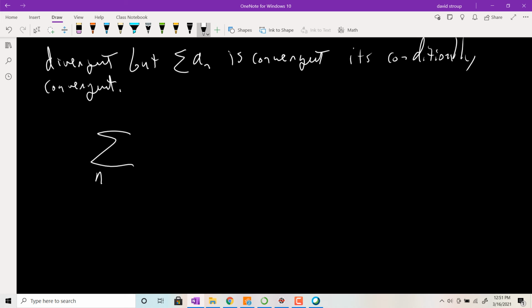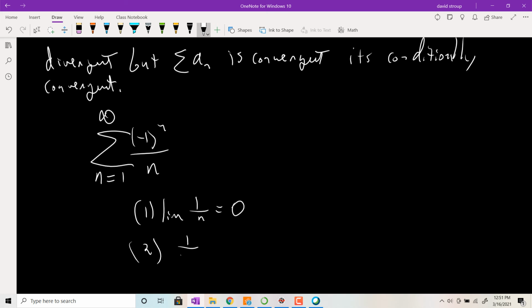So we have the series from n equals 1 to infinity of (-1)^n over n. First, we're using the alternating series test, so we take the limit of 1 over n, that's clearly 0. And then secondly, 1 over n plus 1 all over 1 over n is equal to n over n plus 1, and that's clearly less than 1.